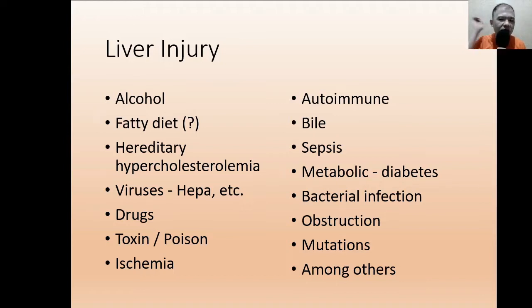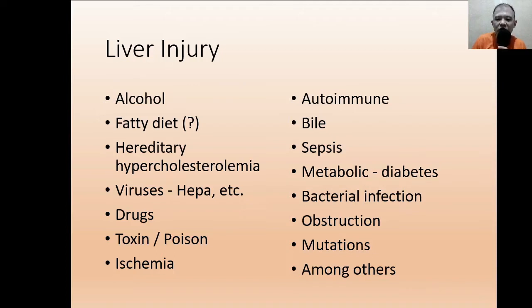Autoimmune diseases. Bile itself can also cause liver injury when there is obstruction of bile outflow. Okay, sepsis, metabolic diseases such as diabetes. Okay, a fatty liver is a hepatic manifestation of diabetes.